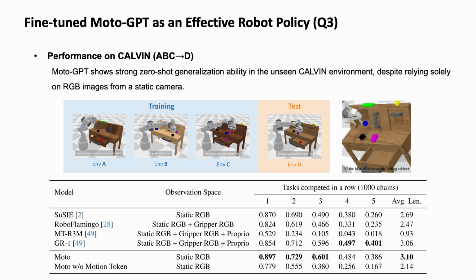On the CALVIN benchmark, Moto-GPT also shows strong zero-shot generalization ability to the unseen environment for long-horizon task execution, despite it relies solely on a single-view static RGB camera to obtain observations.